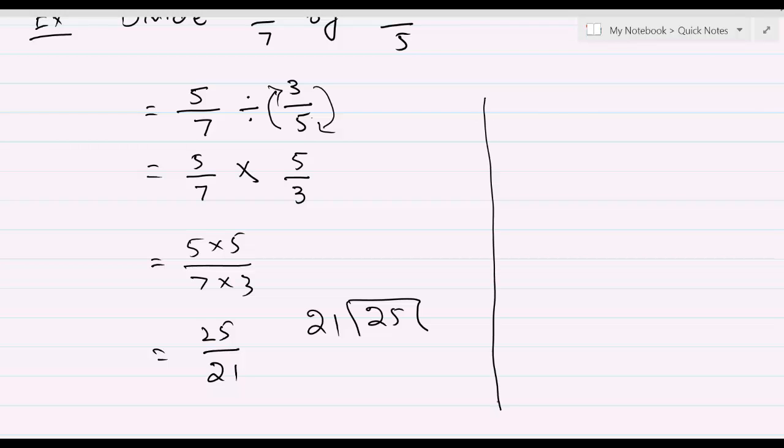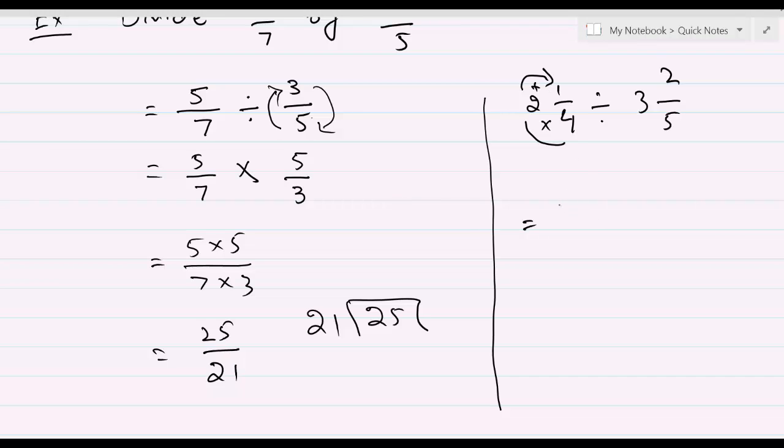Another case of division of one fraction by another fraction would be if the fraction is a mixed fraction: 2 whole 1 over 4 divided by 3 whole 2 over 5. First we convert this mixed fraction into a simple fraction, and we know that we always multiply this and add this.